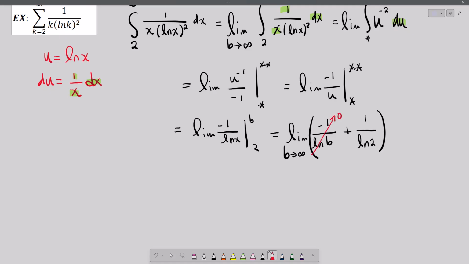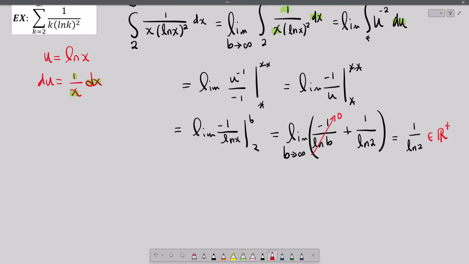And the limit of a constant is itself. So we get that. Our conclusion: this is a positive real number, an element of the set of positive reals. That tells us that the improper integral converges.